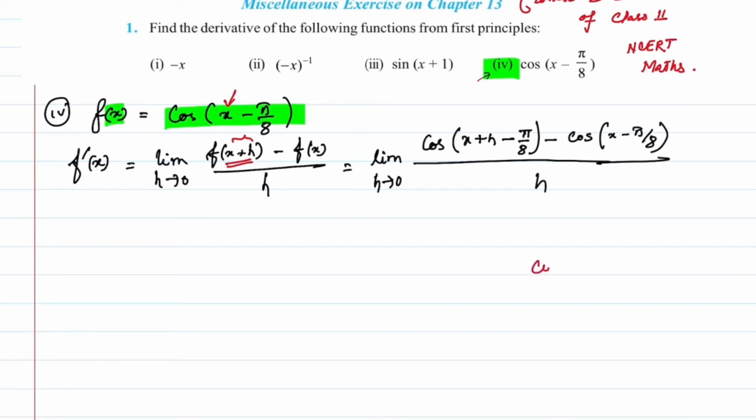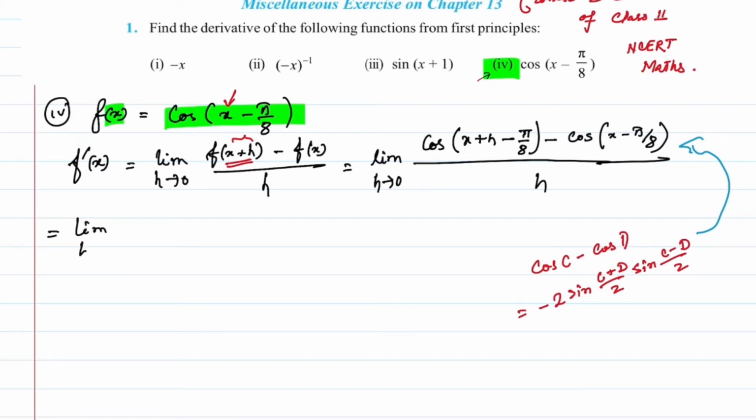So in this case we are going to use this identity: cos c minus cos d is equal to minus 2 sine of c plus d by 2 times sine of c minus d by 2. We're going to use this identity here.